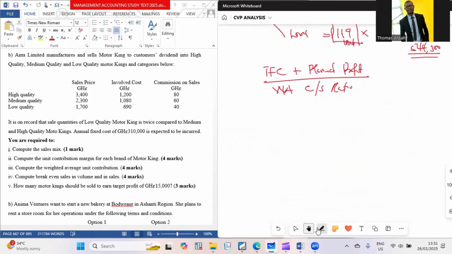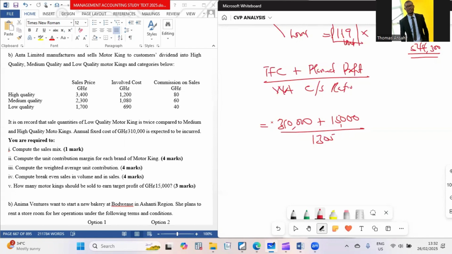All right. So what you do is that you have your total fixed cost, which is 310,000. Planned profit is also given. Planned profit is 15,000, and the ratio is 1035.